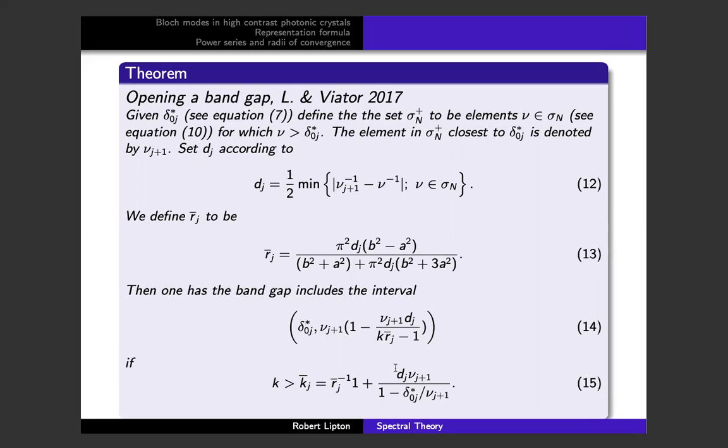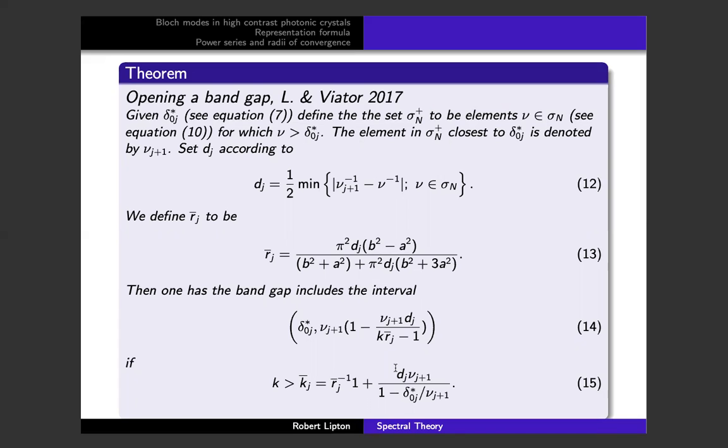There is basically an element of the spectrum sigma n which is closest to the mean 0 Dirichlet eigenfunction. I'll call that nu nj, and then I measure all the other points, the closest one to nu nj of these mean 0 eigenfunctions. I call that dj.